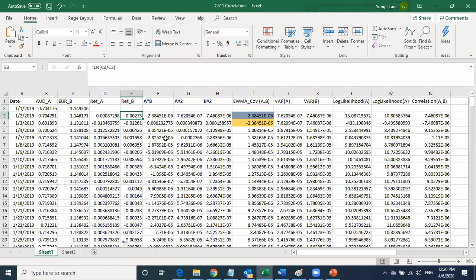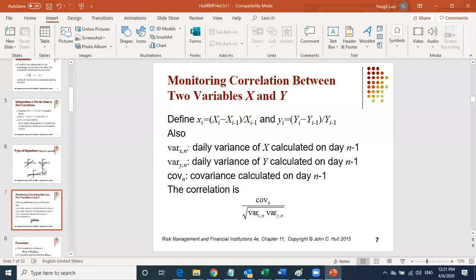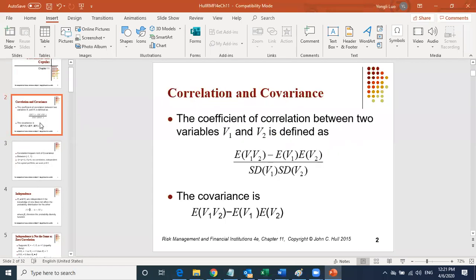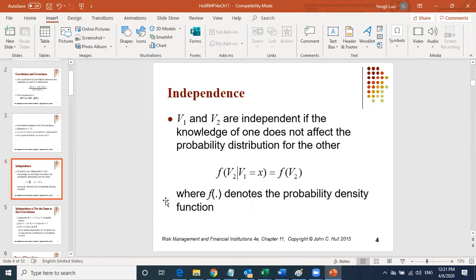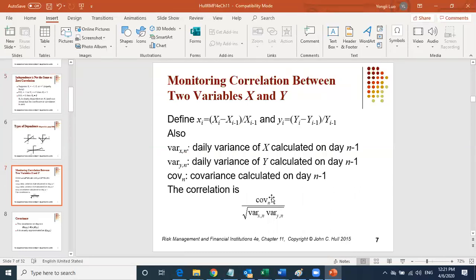Now we calculate the covariance. This is the return of A times the return of B. This is the first thing that you calculate, and this is the covariance.